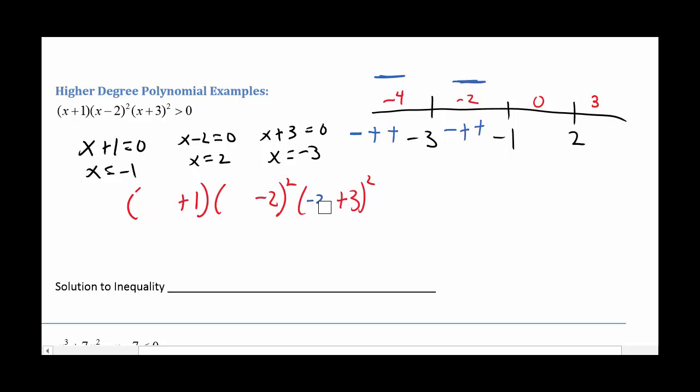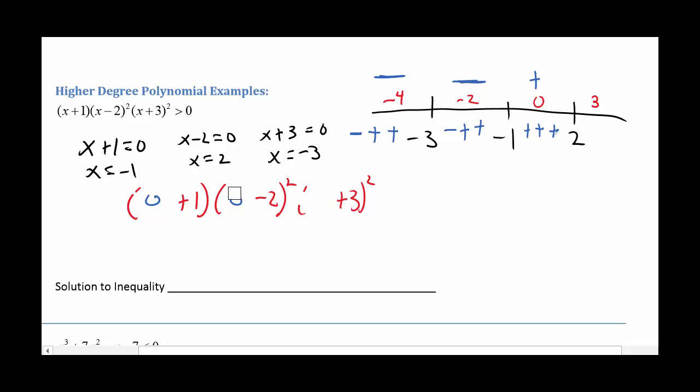And next up, we got 0. So I'll put a 0 in there. 0 plus 1 is positive, and I already know that even though 0 minus 2 is a negative number, I'm going to square that. So I get a positive, and then I get a positive. And what happens when you multiply 3 positives together? You get a positive result.